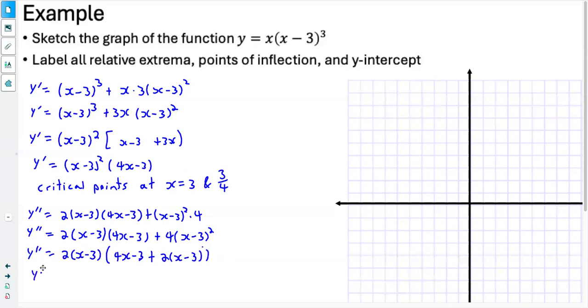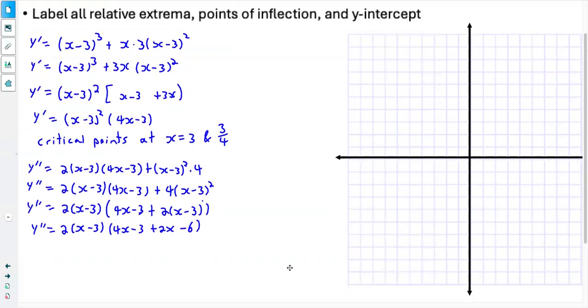So we'll simplify this. y double prime is equal to 2 times x minus 3 times 4x minus 3 plus 2x minus 6. That gives us y double prime equal to 2 times x minus 3 times 6x minus 9.